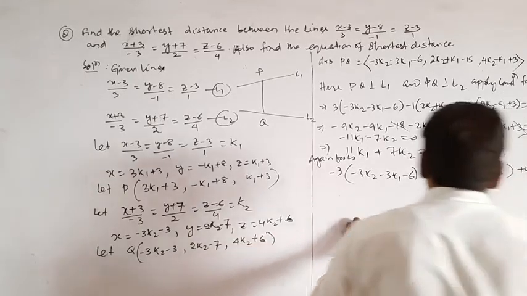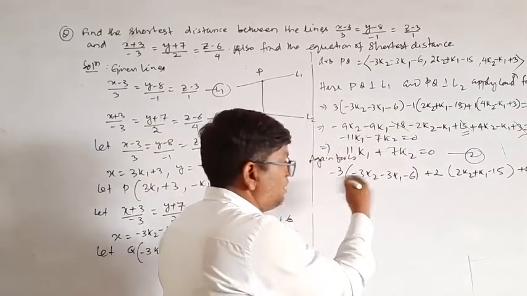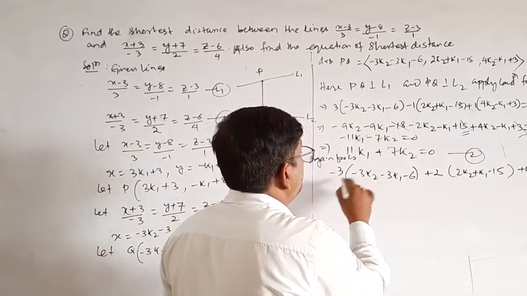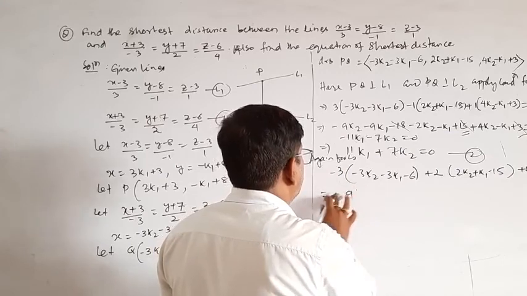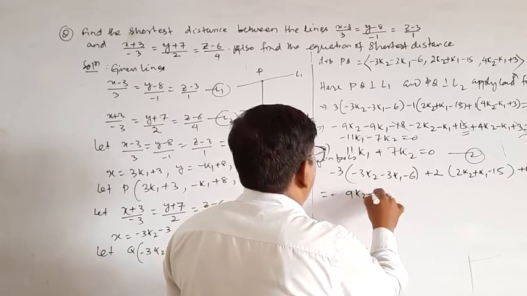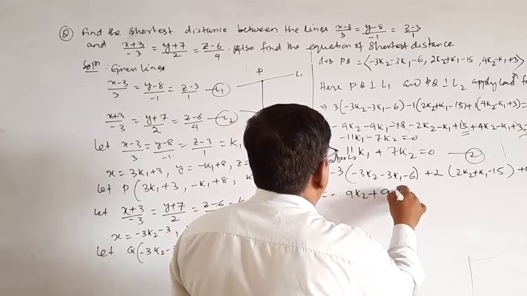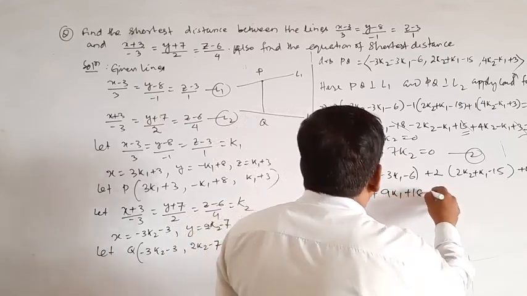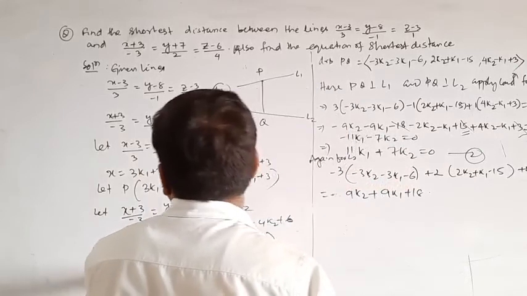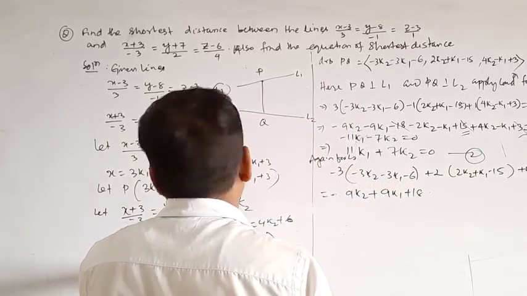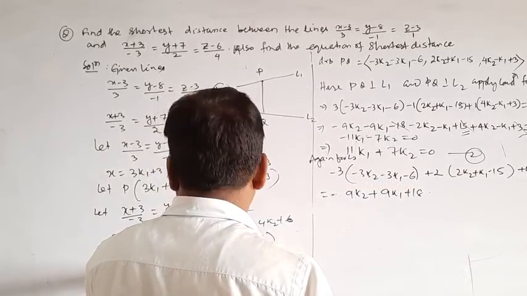Just multiply and simplify, that is minus 9 plus 9k2 plus 9k1 plus 18. Okay, so this is minus 3 minus 6.